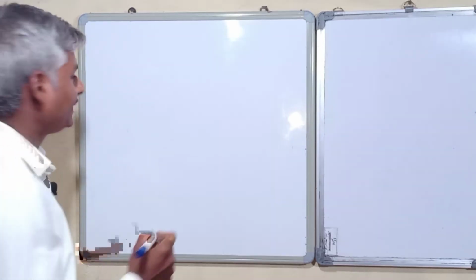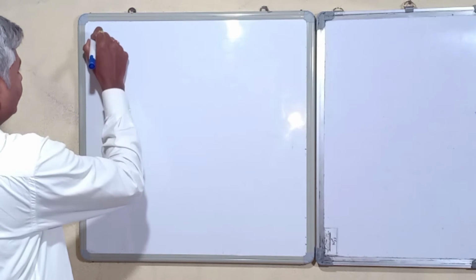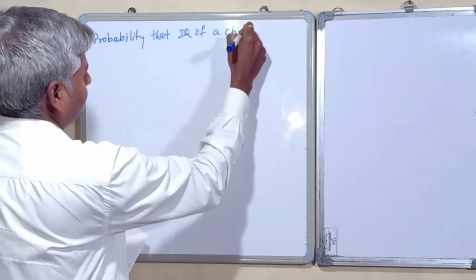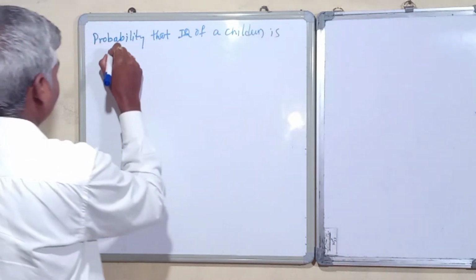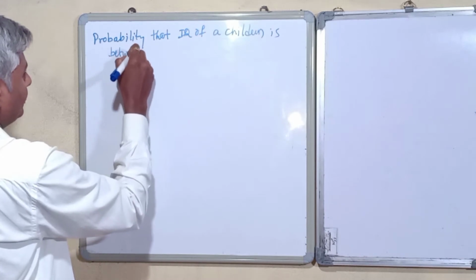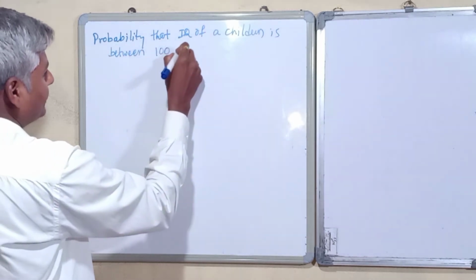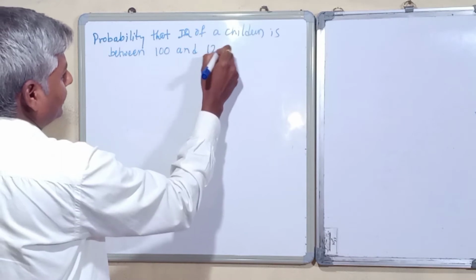They have asked you to find the probability that the IQ of a child is between 100 and 120.